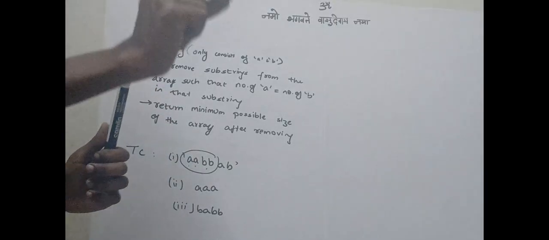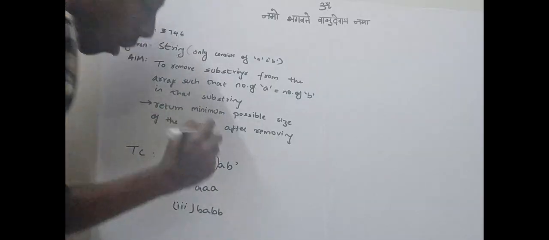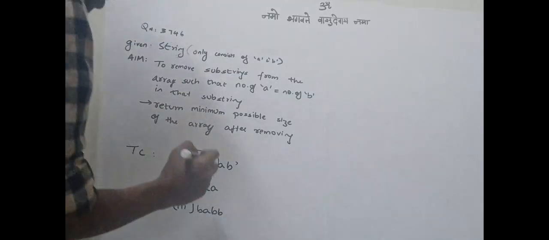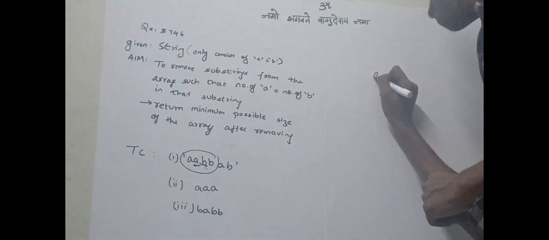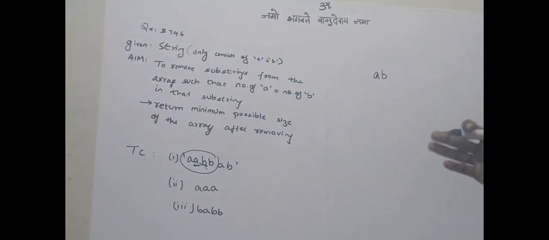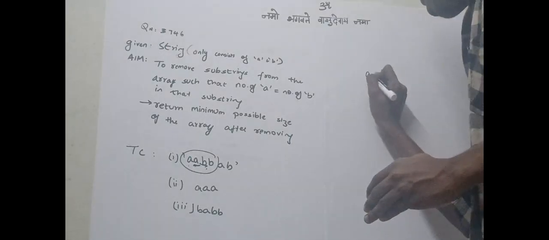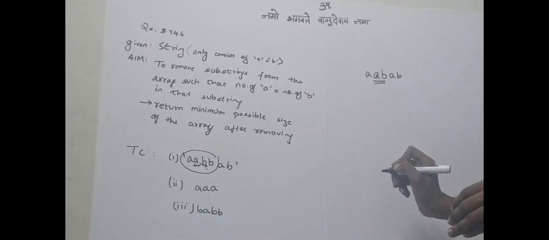At any point of time, an A is always going to be next to a B. You think of it in any possible way, an A is always going to be next to a B, right? Because it only consists of A or B. And moreover, isn't this a substring itself?